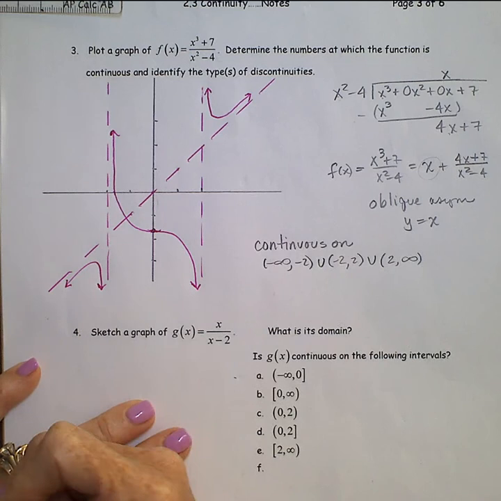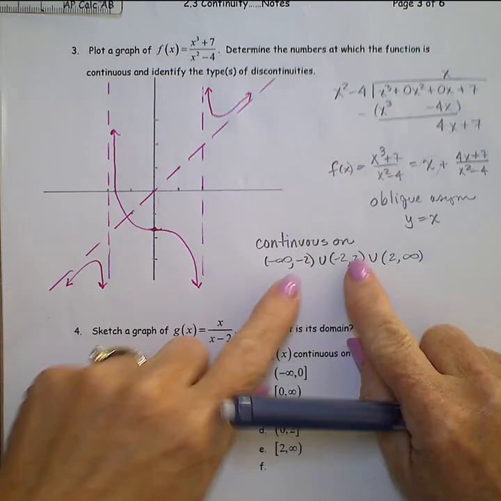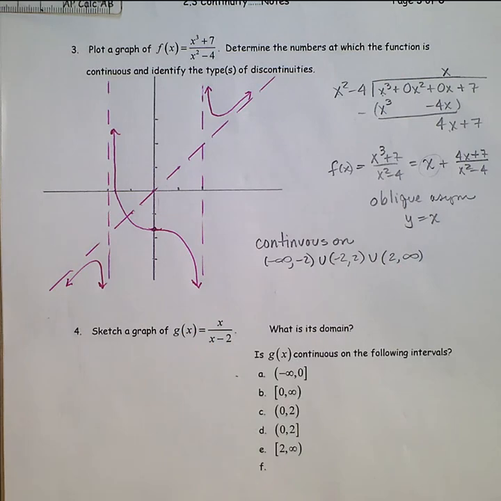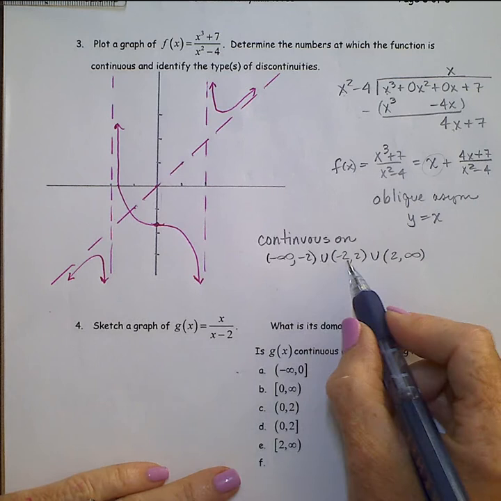There are no breaks, gaps, holes, asymptotes, anything within those 3 intervals. Between the intervals, absolutely, there's vertical asymptotes, but not within each interval.